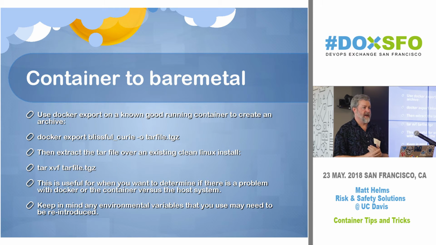Then keep in mind you'll have to add things back in, like your environment variables if you pass those to the application, and you might have to set things like your Java path if you're using Tomcat.